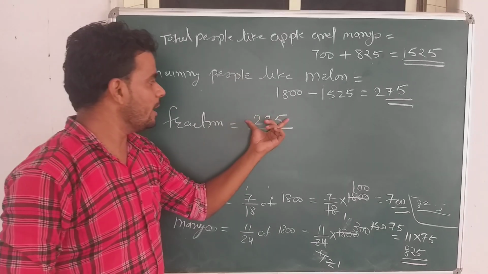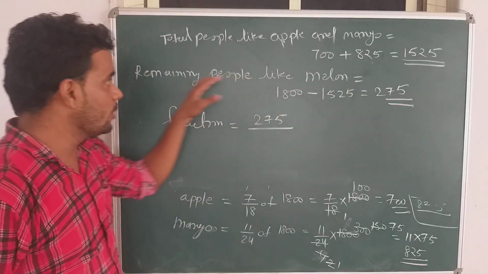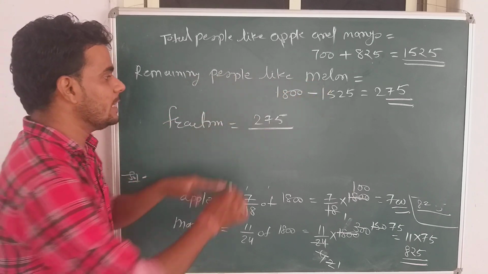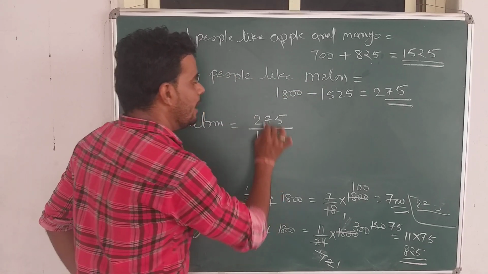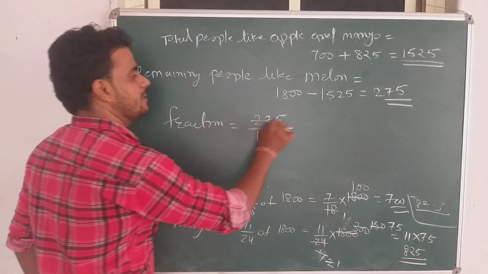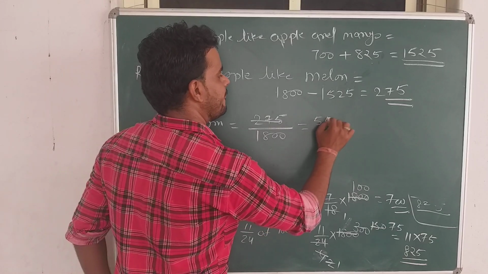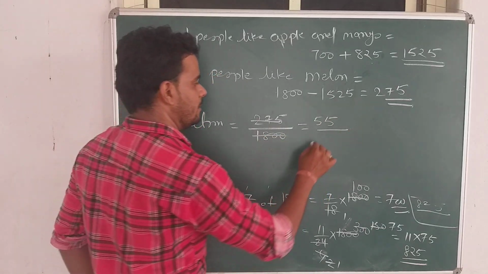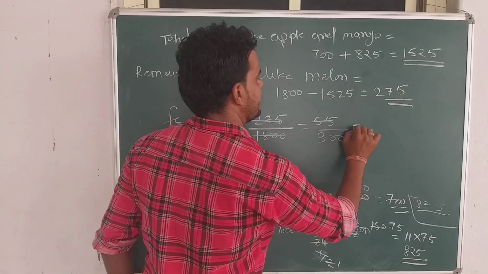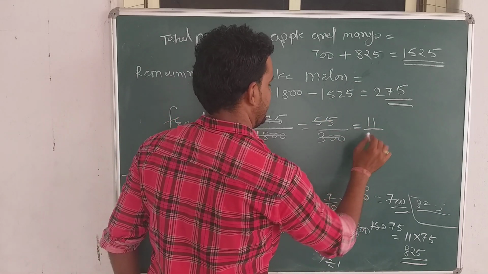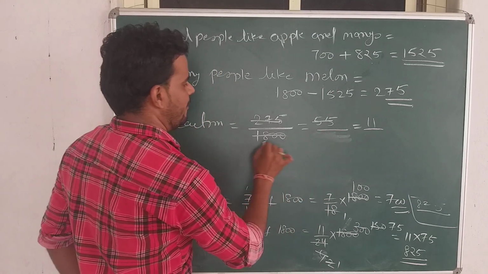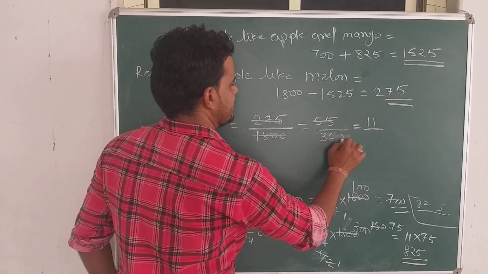So there are 275 people who like only melons, and the total number of people is 1800. Now we will cut by table, and the result is 5 table, then 55, again 5 table, then 300, afterwards 5 table, then 11, then 100, 5 table, then 5 3 15, 360.